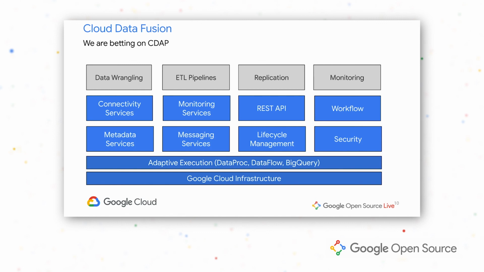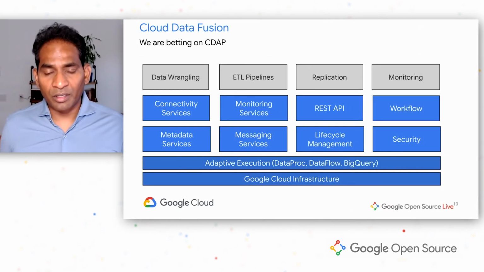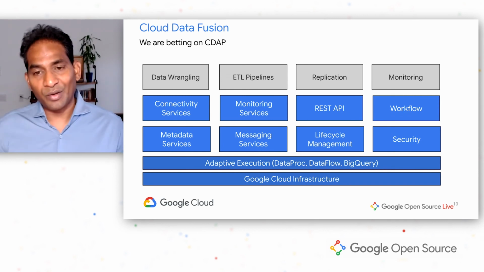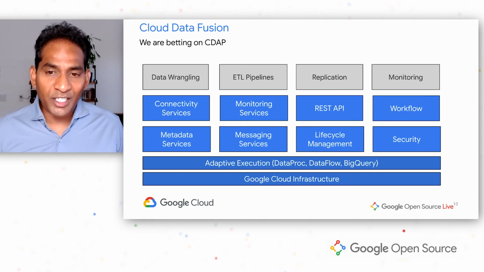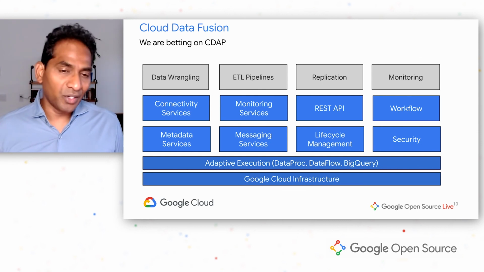So what we have done in principle is, we are building CDAP open source and contributing to CDAP, and then we are taking the managed components and making them available on Google Cloud. And this is where portability comes in: you can build something on Data Fusion and then run it on CDAP, and vice versa. If you want a cloud managed platform that is truly powered by CDAP, you can use Cloud Data Fusion.